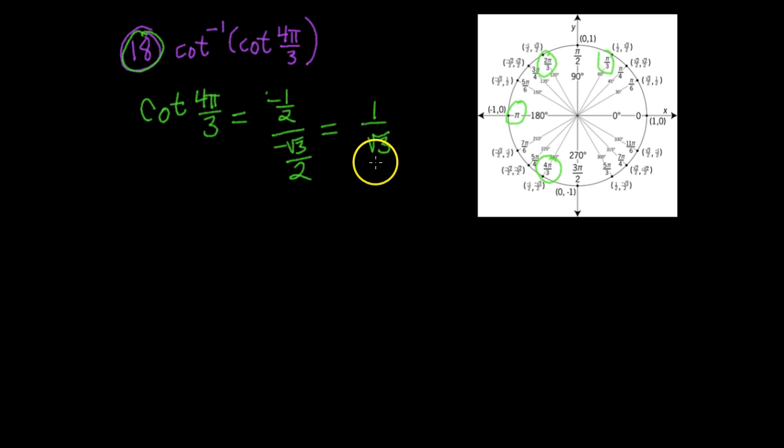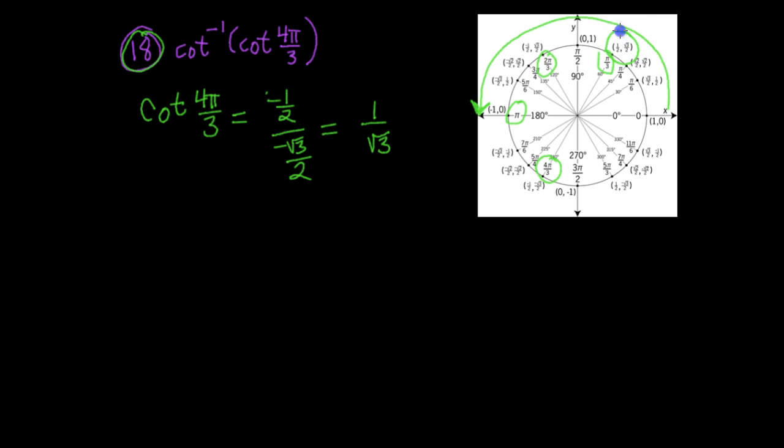Okay, so the problem is that 4 pi over 3 is definitely not in our range, and for cotangent we're going from 0 to pi, just like cosine. So from 0 to pi, I have to figure out somewhere where it's equivalent that I get this positive ratio, where it's x over y.